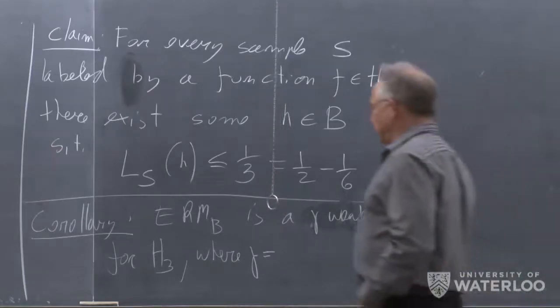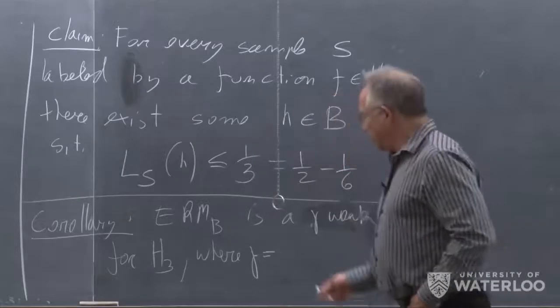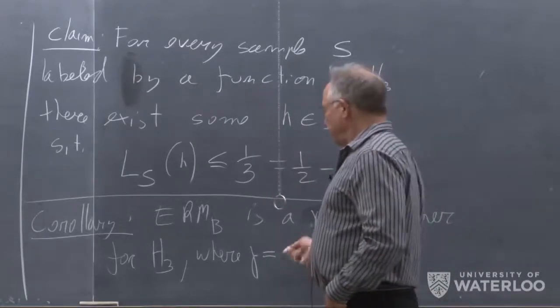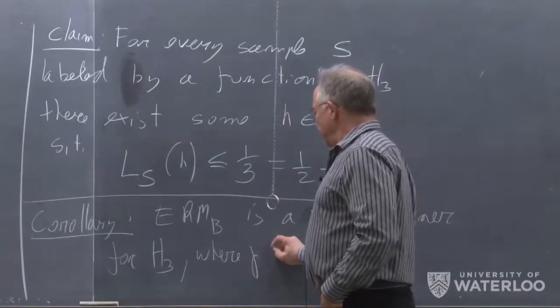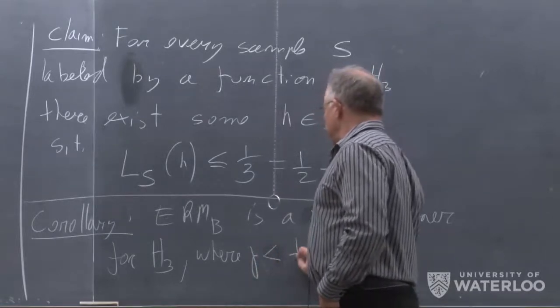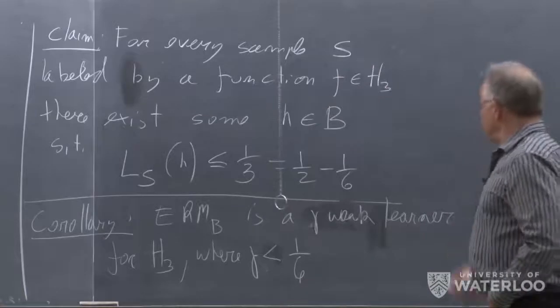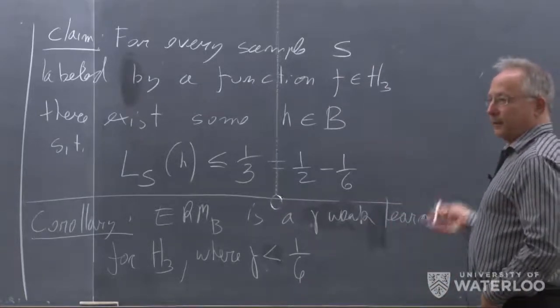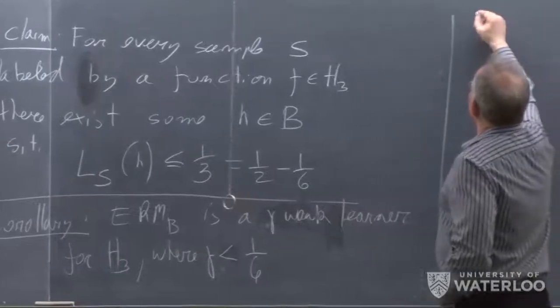So all we need is that gamma is less than 1/6, or if you want, 1/6 minus something.